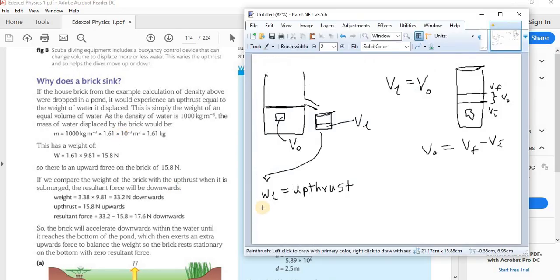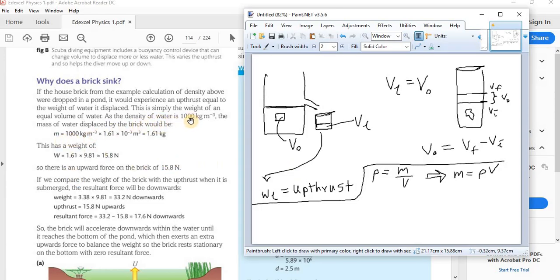We have the equation density is equal to mass over volume, I will write that here. We have density equals mass over volume, and then the mass is equal to density times volume. Okay, and that's what they have used here.